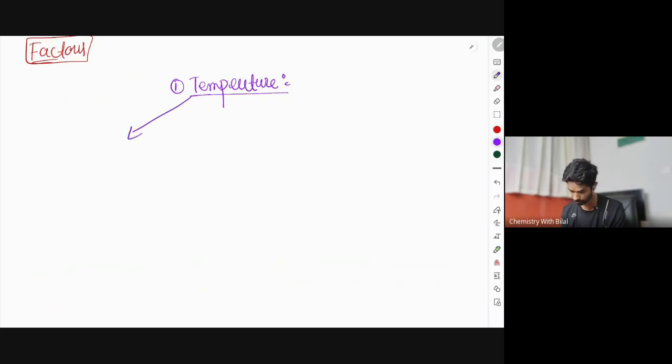Now, before we see the effect of temperature, we need to check what type of reaction is under observation. We know there are two types of reaction in nature. Some reactions have positive enthalpies, other types of reaction have negative enthalpies.